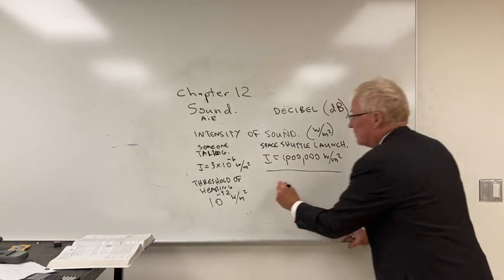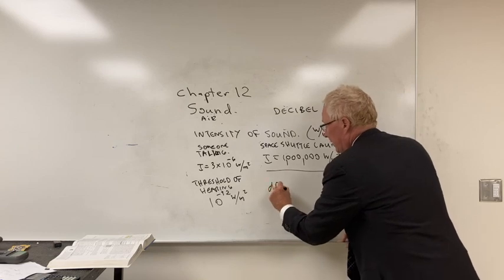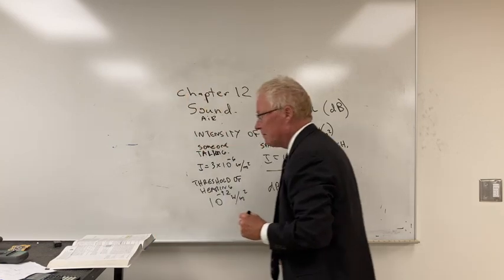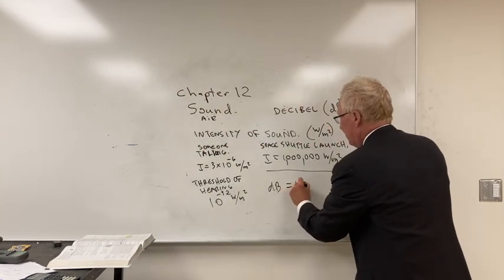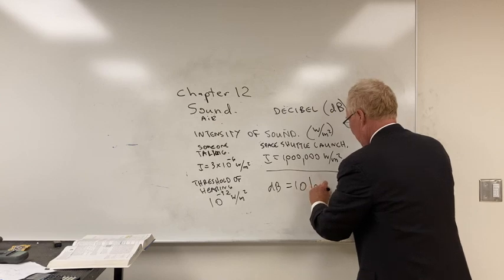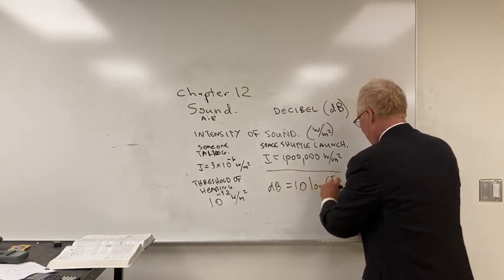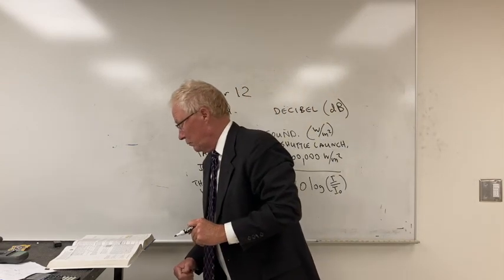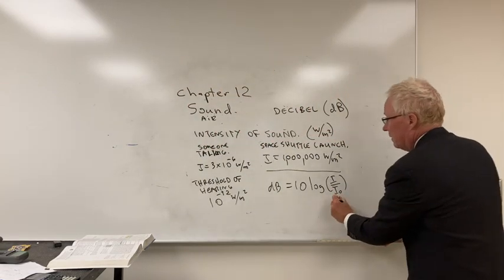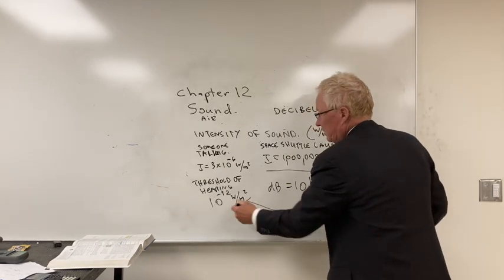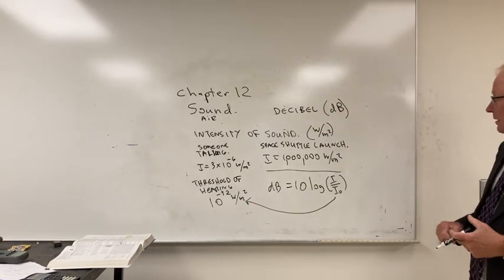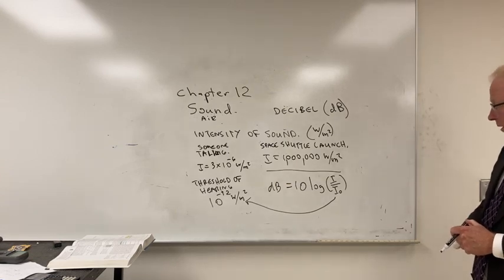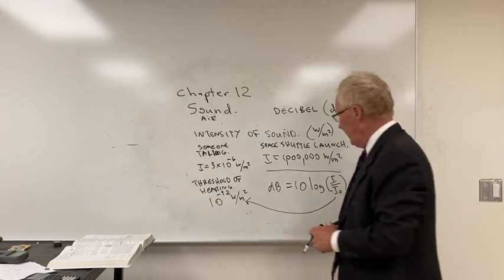The sound level in decibels, dB, is 10 times the log of I over I naught, where I naught is the threshold of hearing, 10 to the minus 12 watts per meter squared.